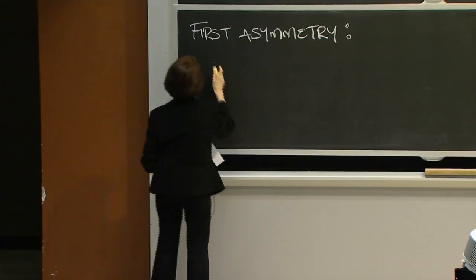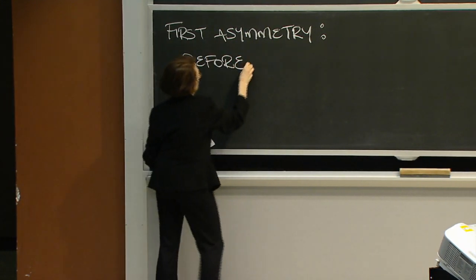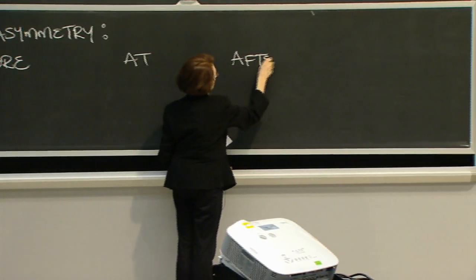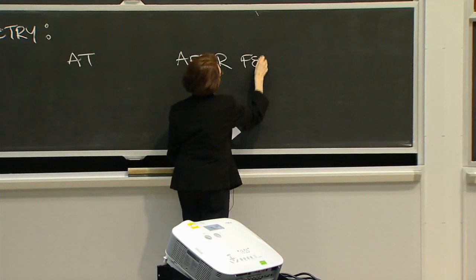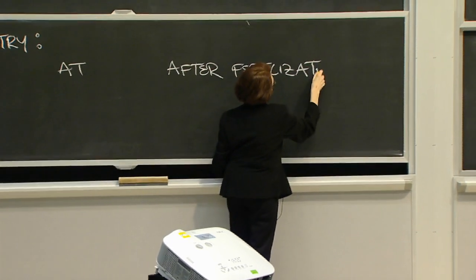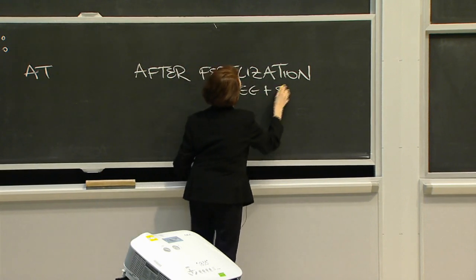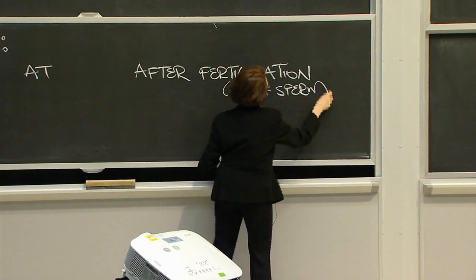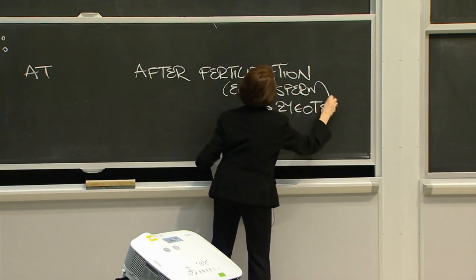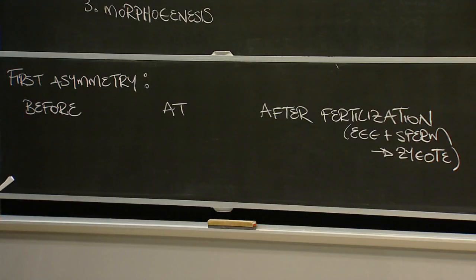It can either occur before, at, or after fertilization, where the haploid egg and sperm fuse to become a zygote. And somewhere in this process, this asymmetry develops.